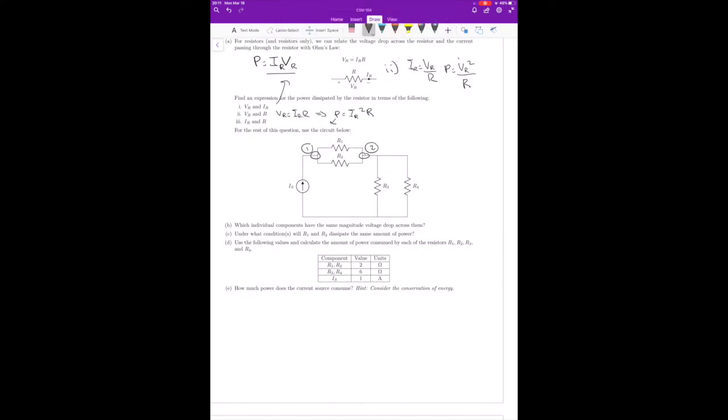And then R3 and R4 similarly share node 2 and our, let's call this our ground node, node 0. Okay, and so that's what question B is asking, which components have the same voltage across them. And that's what really makes them in parallel.